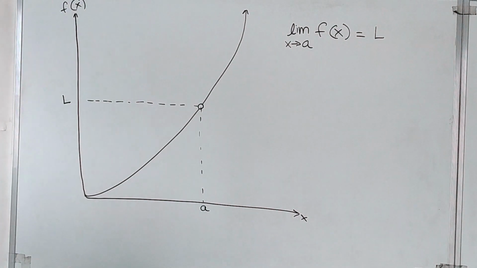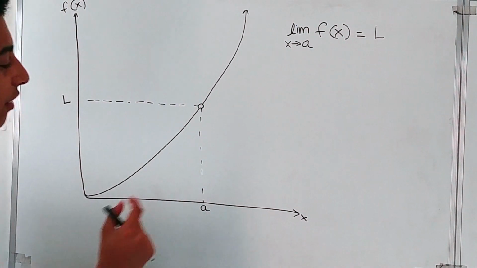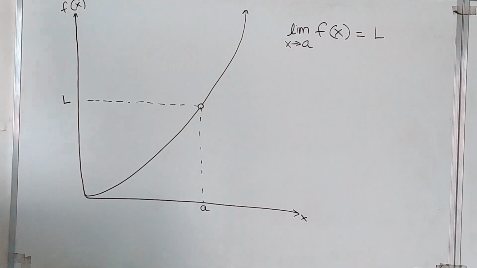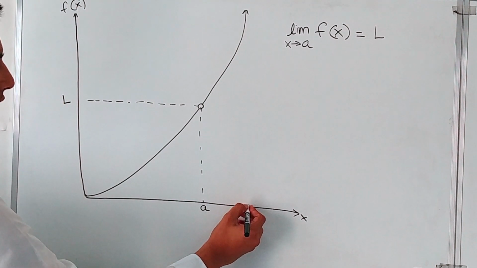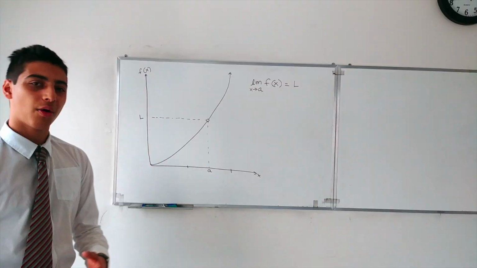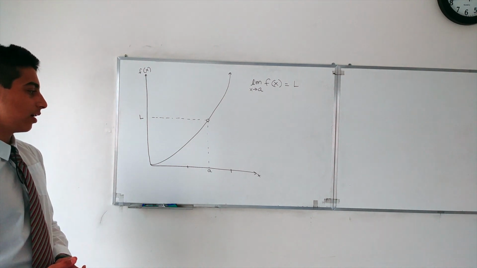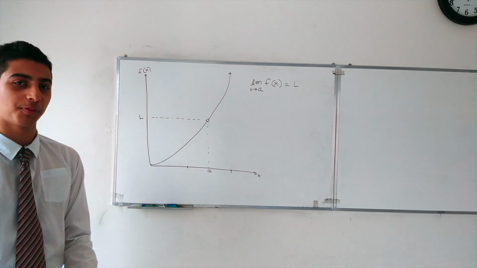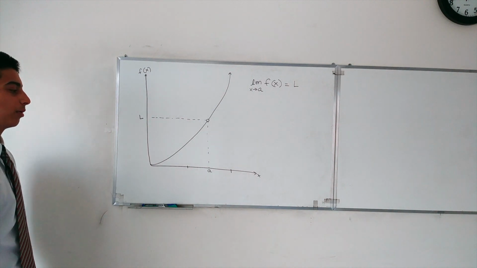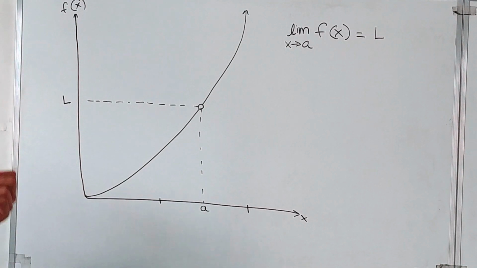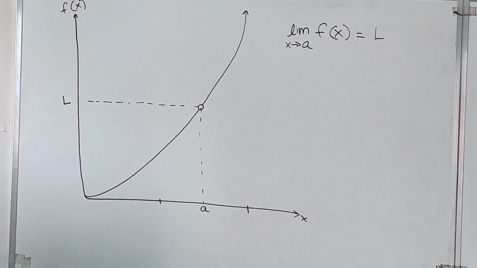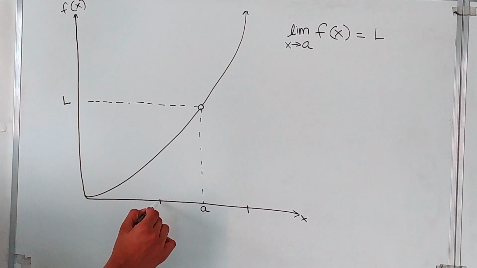So what I will do is take corresponding x values very, very close to A, so that I can get very, very close points to L. Let's say I take a point here and here. Now, once again, technically they're not very close at all, but just for visual purposes, this is definitely going to help. Now, once again, I will obviously have corresponding f of x points. Let's draw them right over here.